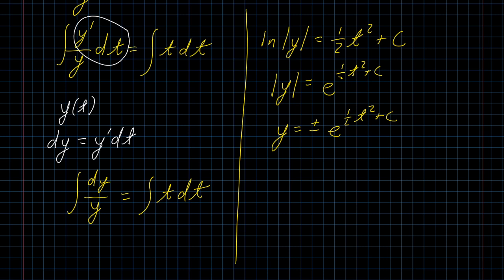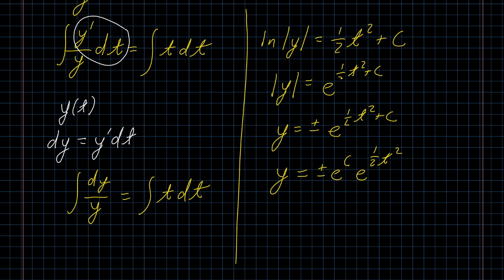But in practice, you'll almost always see a couple of additional steps taken. Because I've got all this stuff in the exponent, including some addition, we're generally going to split this up and separately look at e to the c times e to the 1/2 t squared.